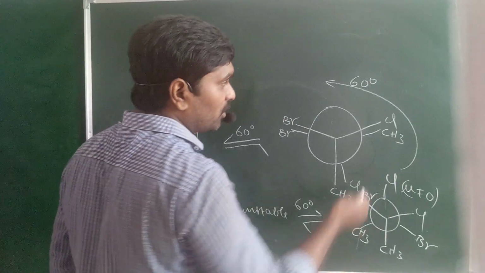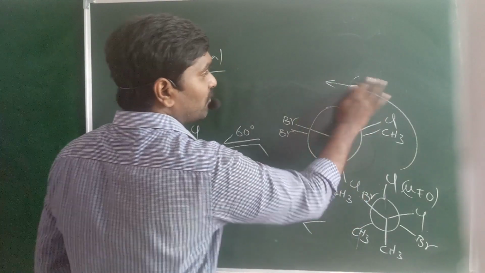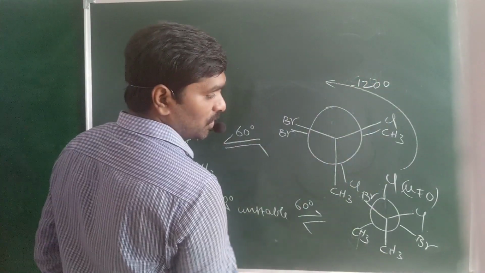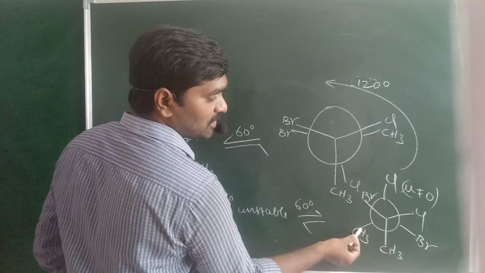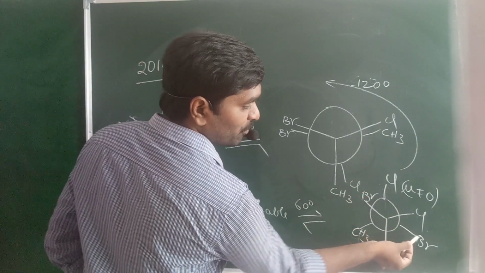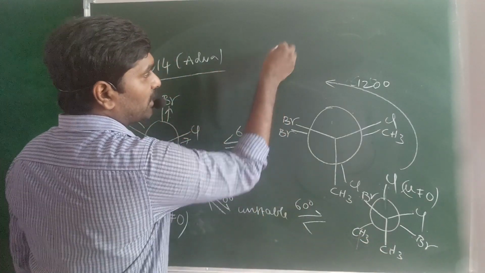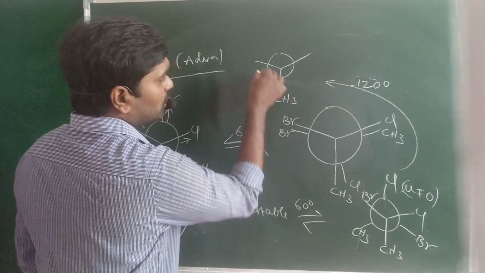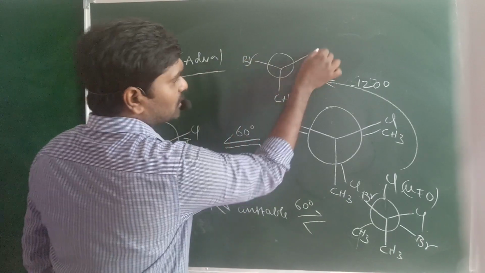When you rotate the molecule by another 60 degrees, that means about 120 degrees in total, what happens here? The Br occupies the position of CH3, the CH3 occupies the position of Cl, and the Cl occupies the position of Br. So the molecule may be like this: CH3 and Br, here the Cl is there.